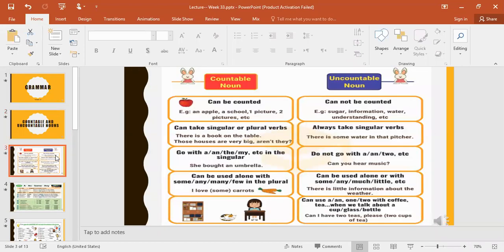We explained this chart which shows the differences between countable and uncountable nouns and shows the modifiers and the quantifiers used to count, such as a, an, the, my, and so on, in countable and in uncountable nouns, how to use them.